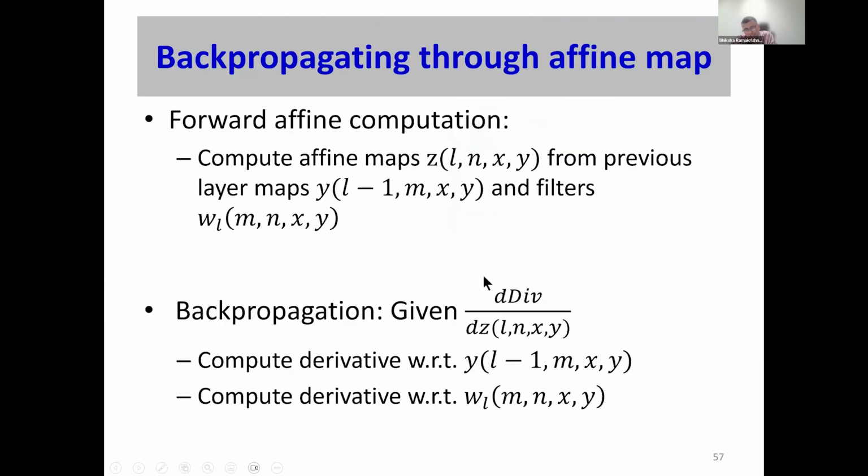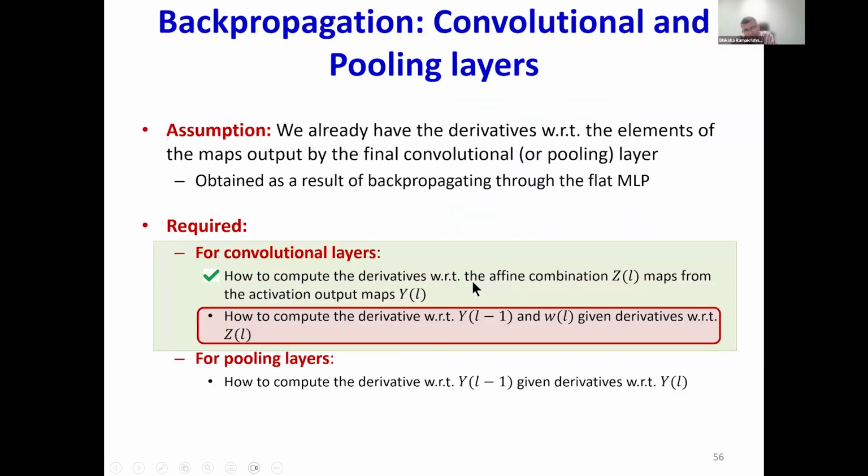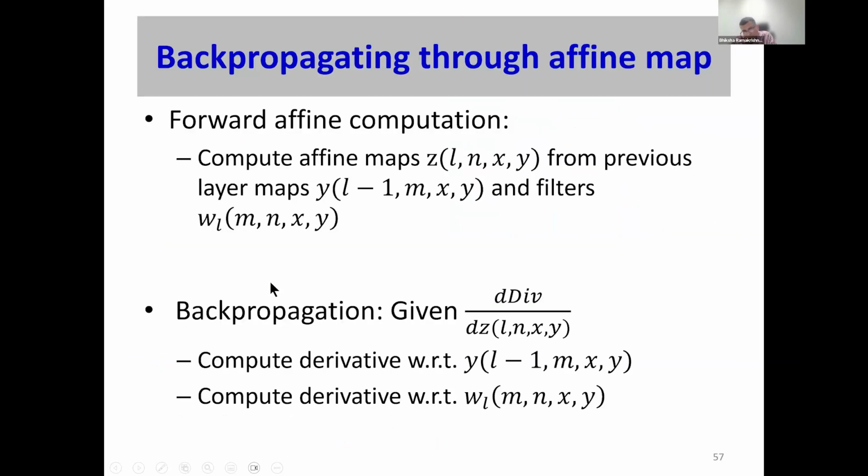So I'm going to assume now that this is figured out. We know how to compute the derivative with respect to the affine term z from the derivative for the activation values y. So now we have to figure out how to compute the derivative for the previous layer maps and the filters given the derivatives for the affine terms.